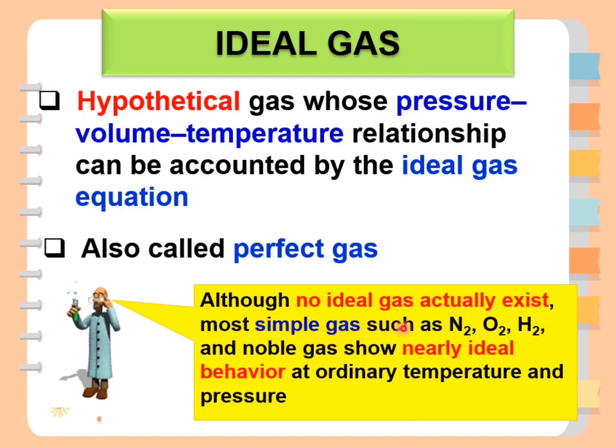Most simple gas such as nitrogen, oxygen, hydrogen and noble gas show nearly ideal behavior at ordinary temperature and pressure. Dia ada syarat jugalah dekat sini. Okay, so tak semua gas menghampiri ideal gas. Okay, tak semua, tapi boleh. Macam kita, manusia pun boleh menghampiri kesempurnaan kalau ada syarat-syarat tertentu.